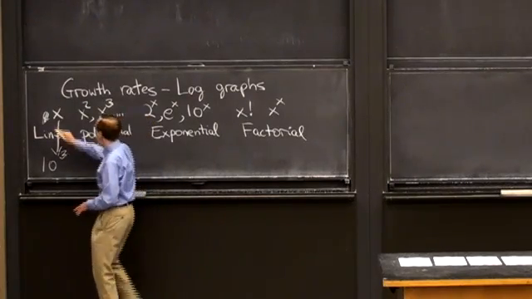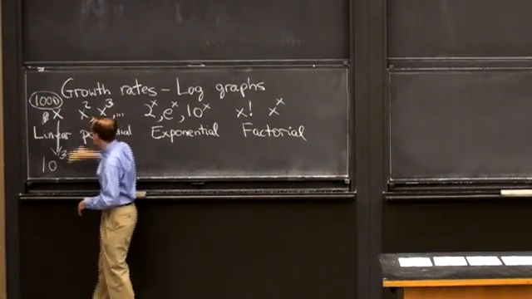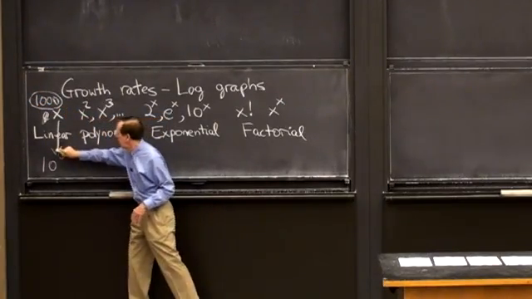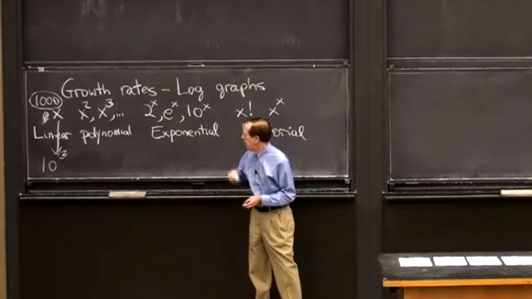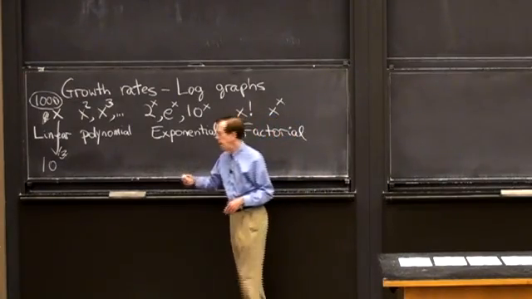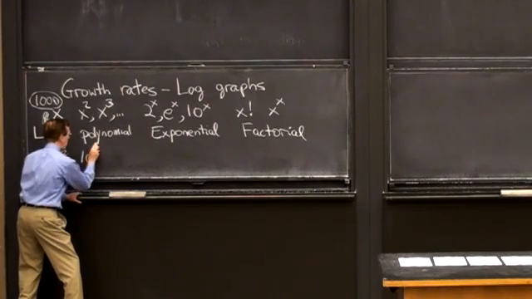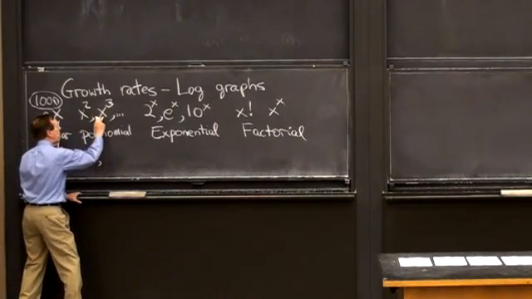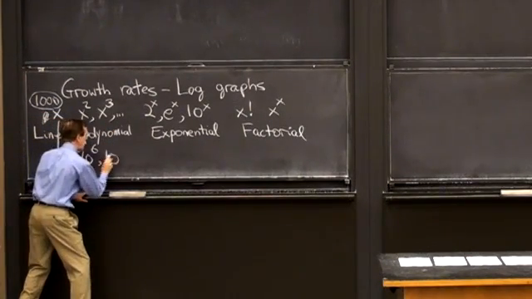Because these are big numbers, I'm going to write them as powers of 10. So how about 1,000 squared? 10 cubed squared will be 10 to the 6th. 1,000 cubed, we're up to 10 to the 9th.